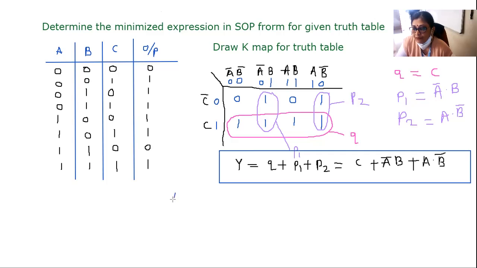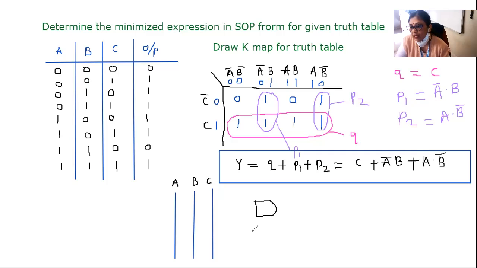Okay. So I will be drawing here 3 lines first related to 3 variables. One is A, another is B, and another is C. Okay. So I am using two AND gates.